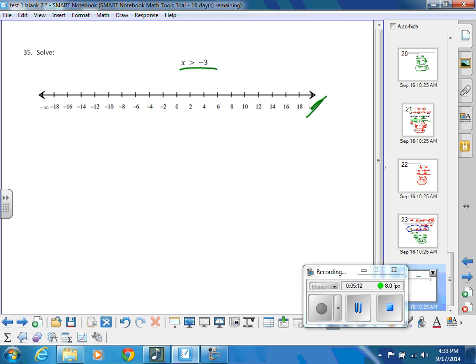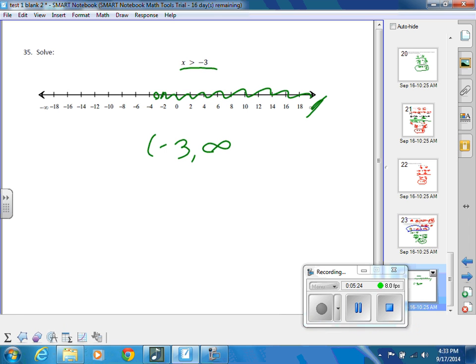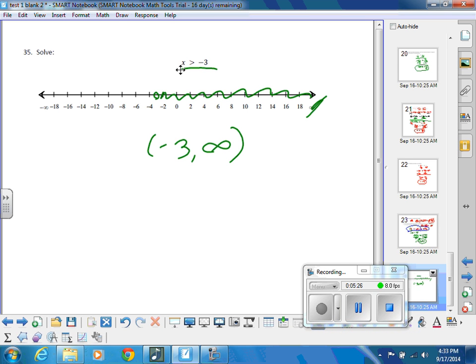So I have my open circle in between the -4 and the -2, right here. Shade. And when I write it out in interval notation, it's going to be -3, comma, infinity, with parentheses, always parentheses for infinity. It goes this way because it starts at -3, and it goes all the way to infinity.